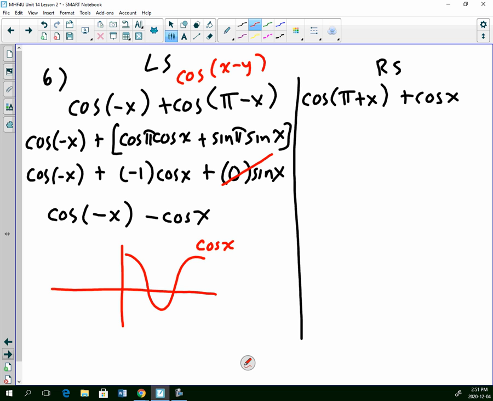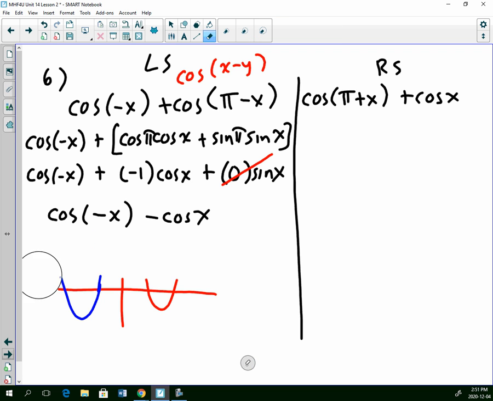So it's reflected horizontally over the y-axis. So the reflection of this curve is that, and then that would look like that. So that would be cosine(-x), right? Reflected over the y-axis. Well, it's the same thing. Cosine(-x) is the exact same as cosine x.